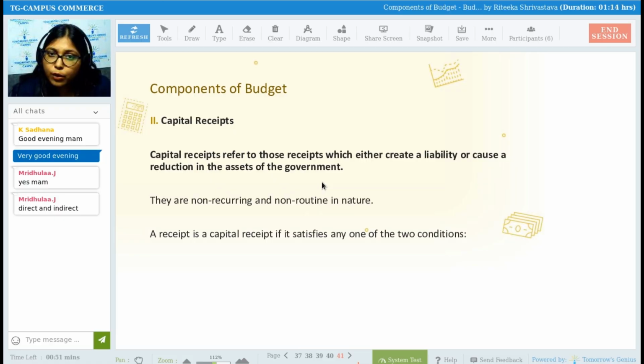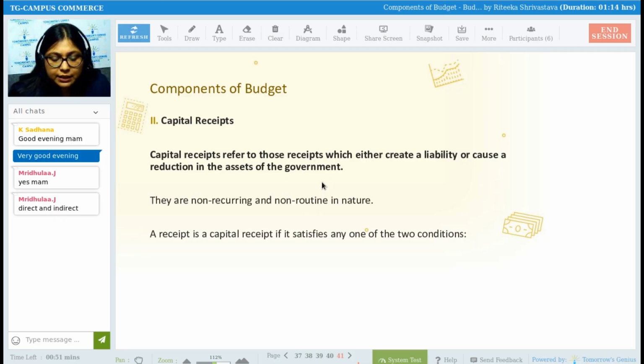The rest, all of you have forgotten. Forfeiture, very good. What about others? Okay, fine. Yes, license fees, etc. Very good. Penalties also. So till here we have seen the part of your revenue receipts.